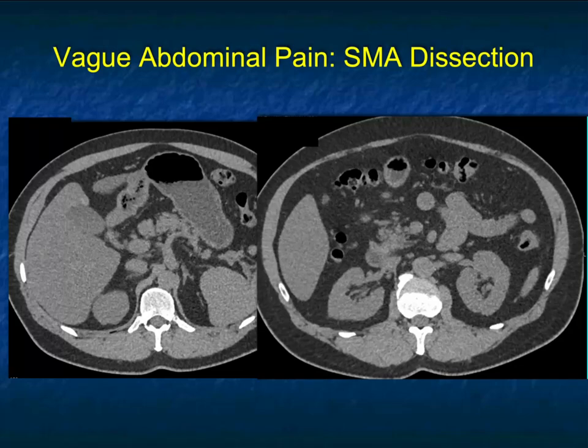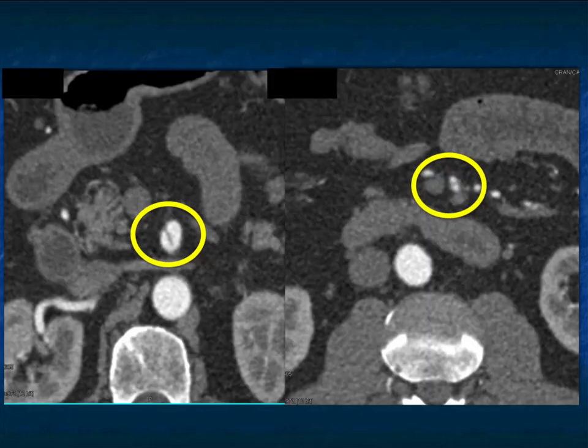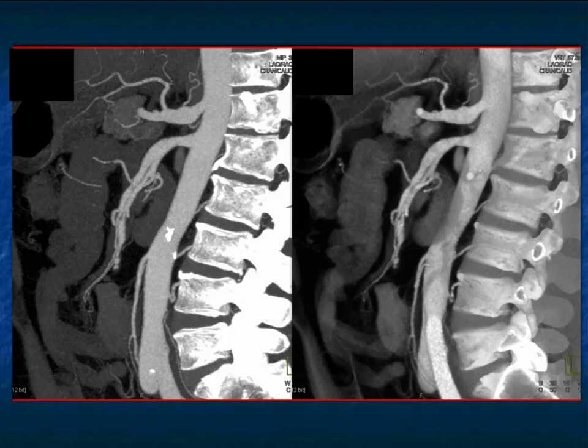Another example, abdominal pain. This is a good example of why non-contrast scans aren't good. The non-contrast scan shows celiac and renal arteries, the kidneys. Nothing really impresses me. When you give contrast, there's a definite dissection in the patient's SMA, which tracks down the length of the vessel, and you can see the full extent of the dissection.